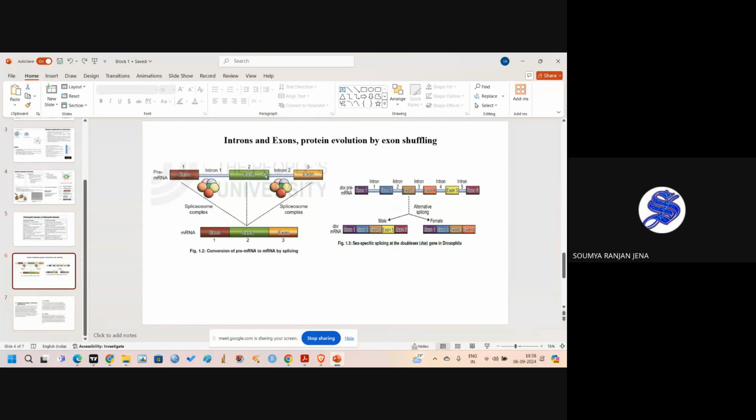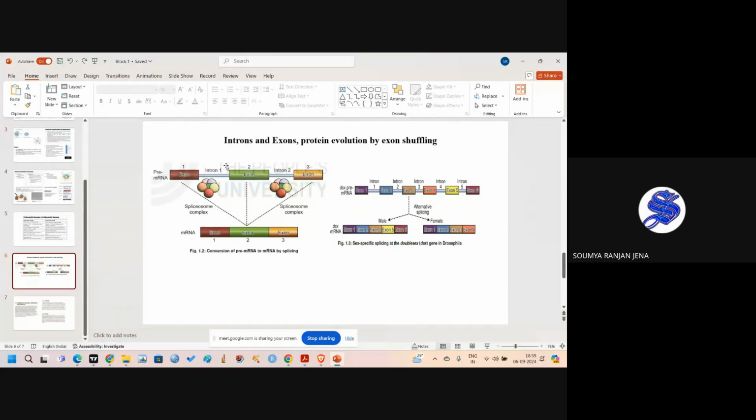How do these introns and exons shuffle to form proteins? If you go to the splicing mechanism, splicing means these introns are removed, and the spliceosome machinery cuts these intron regions to form exons 1, 2, 3 for protein coding mature mRNA.